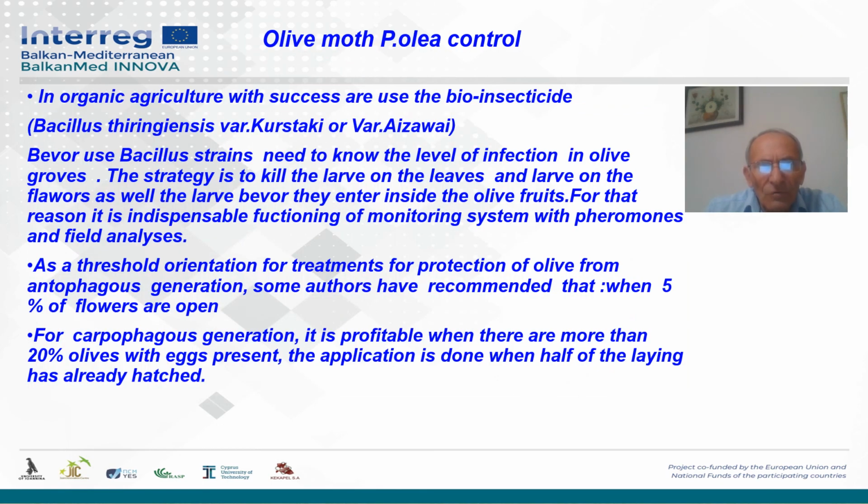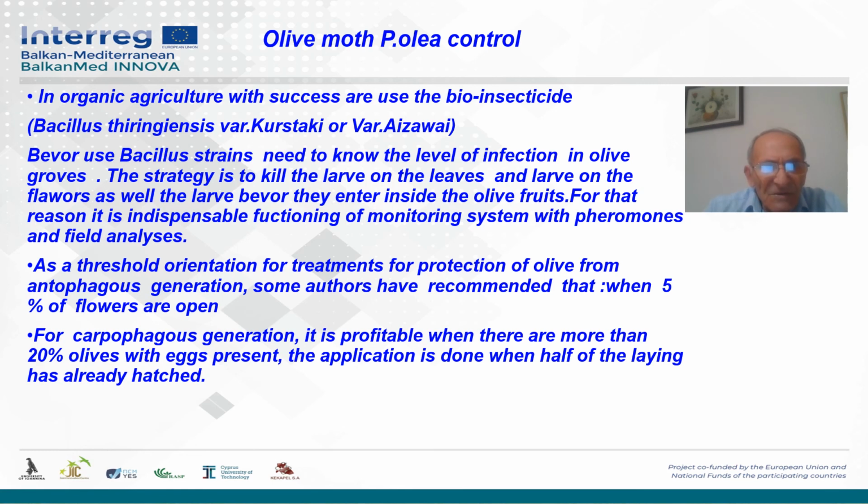Olive moth control. In organic agriculture, bioinsecticides based on Bacillus are used with success: Bacillus thuringiensis variety kurstaki or variety israelensis. Before we use the Bacillus strains, we need to know the level of infection in olive groves.